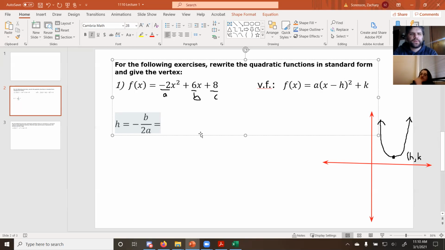Negative B over 2A gets me negative 6 over 2. No, wait, I flipped that. Yeah, 6 over negative 2.